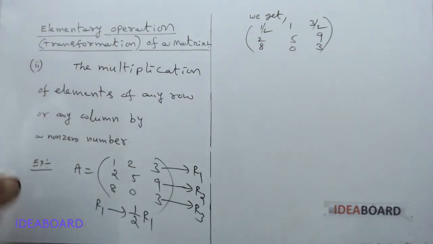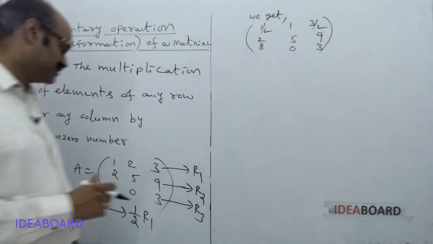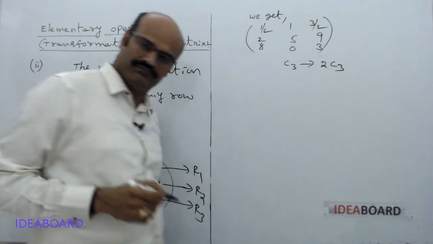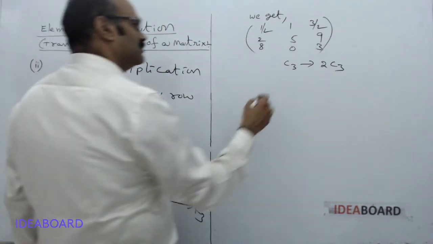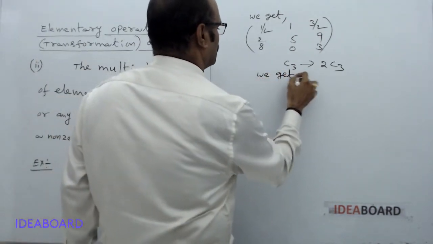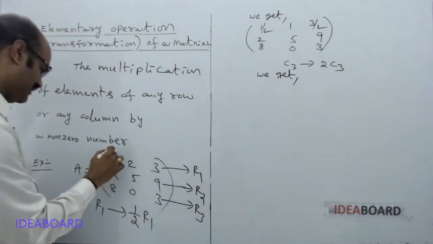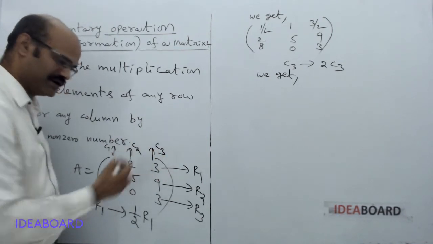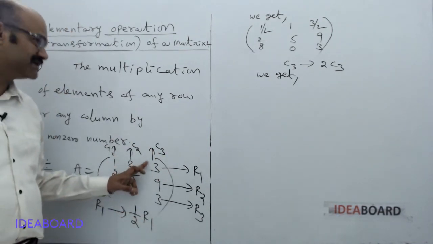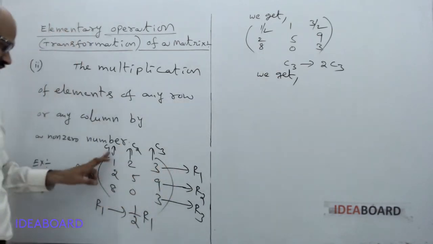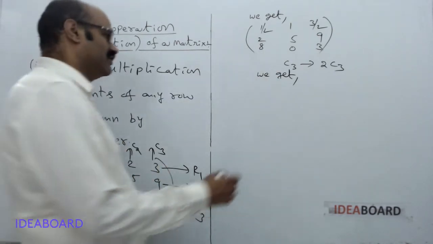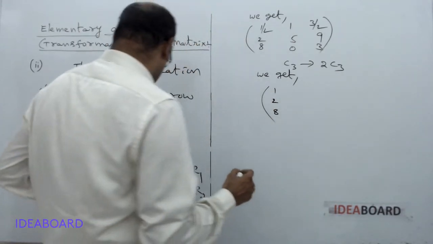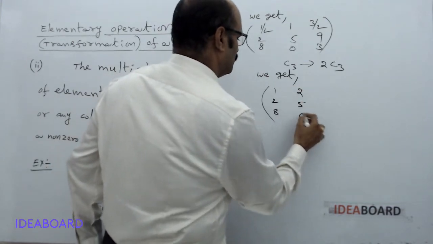Next one. If you apply a column operation, let me write C3 implies 2 into C3. Here, this is C1, C2 and C3. Now we have to multiply C3 by 2. So C1 and C2 we write the same: 1, 2, 8 and 2, 5, 0.